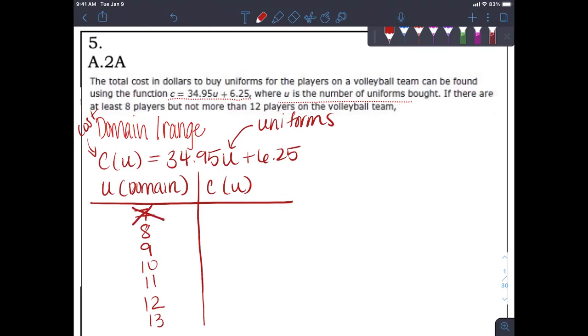So 7 would not make it on my domain, but not more than 12. So I can have 11, I can have 12, but I cannot have 13. So my domain is equal to 8, 9, 10, 11, 12. I'll write that out so that way I'll remember that.